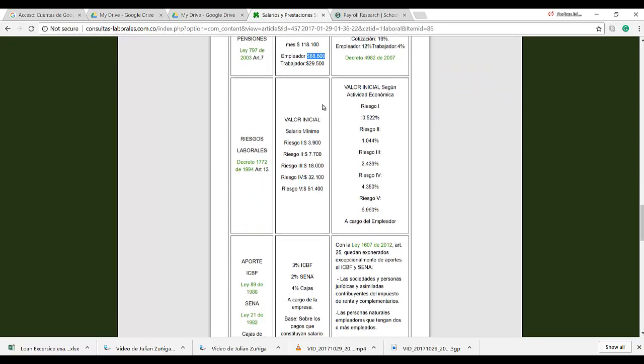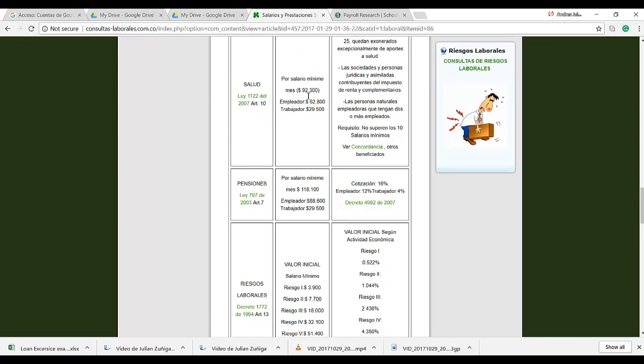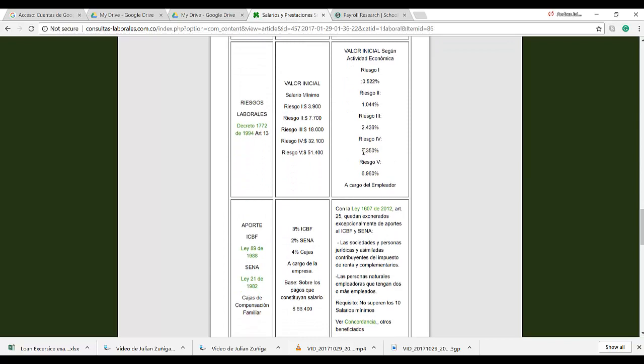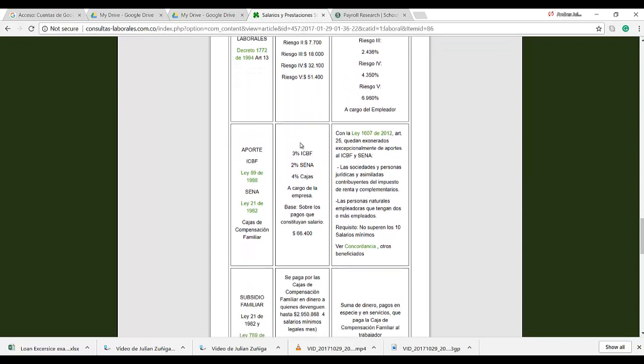We also have those risks, okay, or labor risks every month that the employer has to pay. So as you have noticed, an employer has to pay a bunch of things. It changed. Now they don't have to pay health or parafiscales, which are ICBF, which is Bienestar Familiar, and SENA, okay, and Cajas de Compensación Familiar.